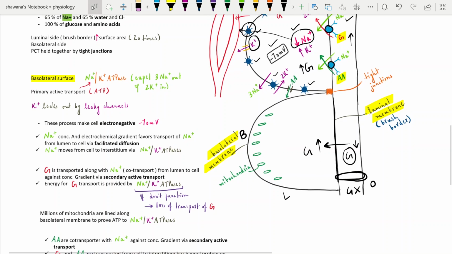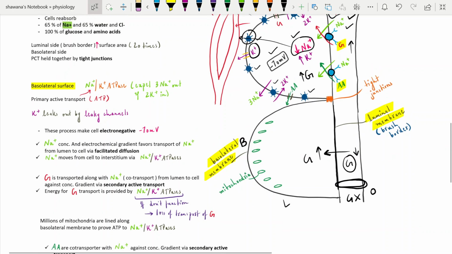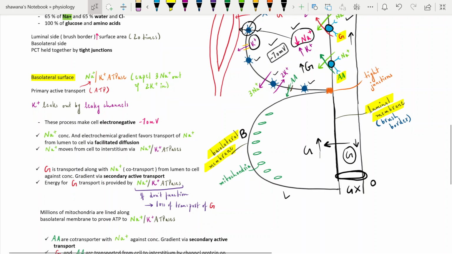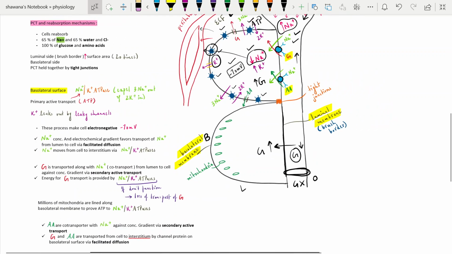Same thing applies with the amino acids. Amino acids are also co-transported with the sodium, and their concentration in the lumen decreases and their concentration inside the cell is high, so they are also transported by the secondary active transport. It is very important to know that glucose and amino acids on the luminal side are transported by the secondary active transport along with the sodium, and on the basolateral side they just diffuse out of the cell.